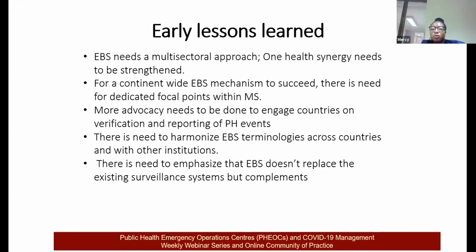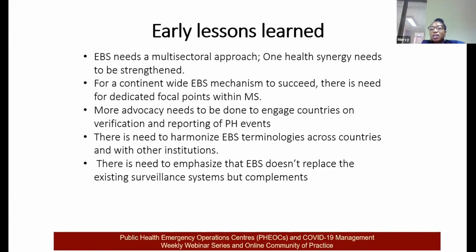For a continent-wide EBS mechanism to succeed, there is need for dedicated focal points within member states. And I know this is also happening within countries, verifying and sending signals for verification. And then, people are busy with other stuff. They take time to give feedback, which has also delayed a lot when it comes to signal verification and reporting.